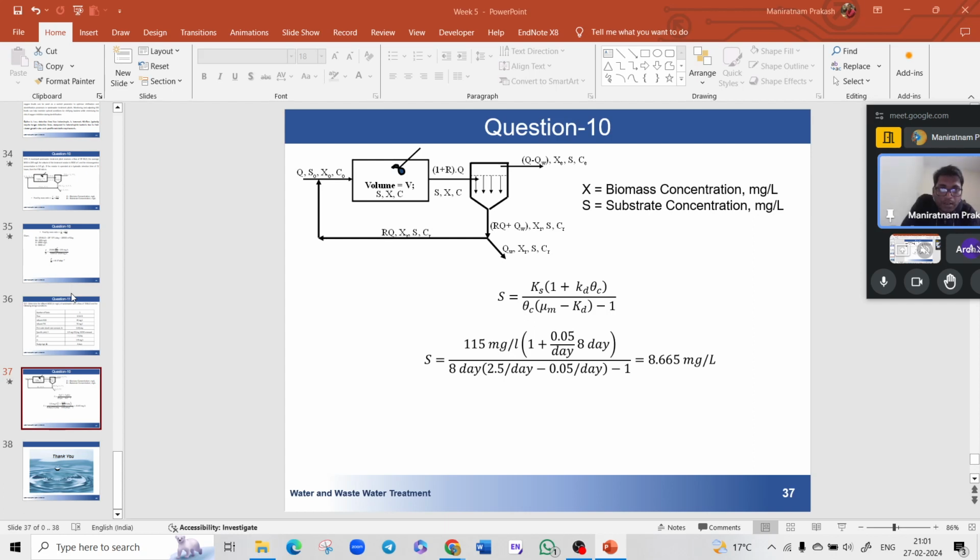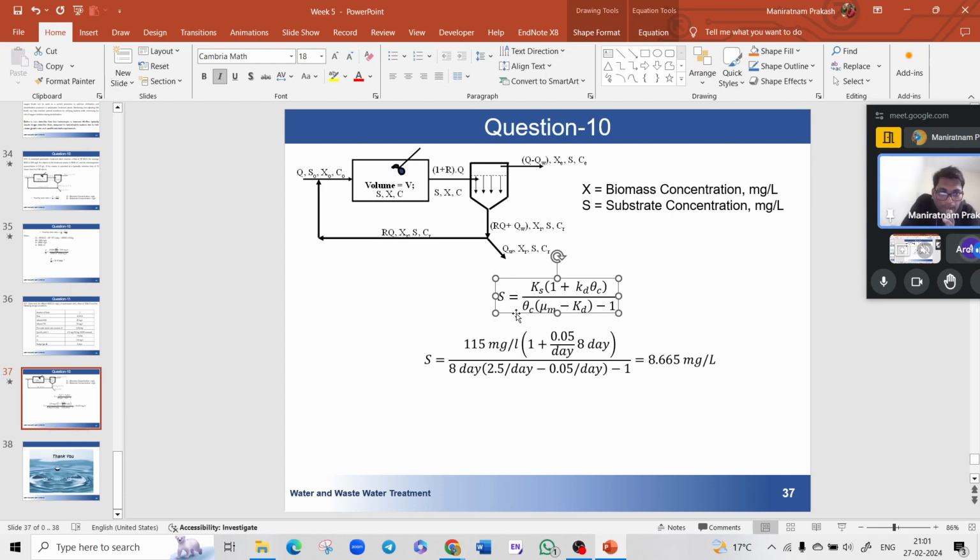I can understand your problem, that these formulas are very confusing. But if you use this concept of mass balance, like I have directly written this formula, but there is a proper derivation of this equation. So if you go back to the derivation part, then you can easily remember this formula.